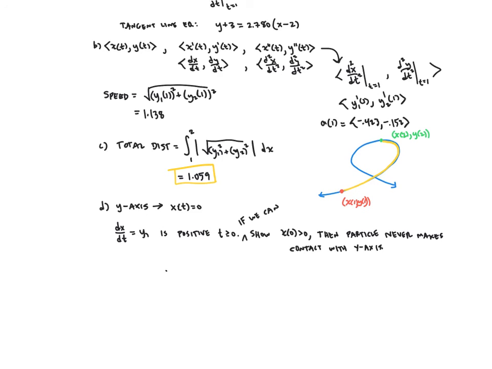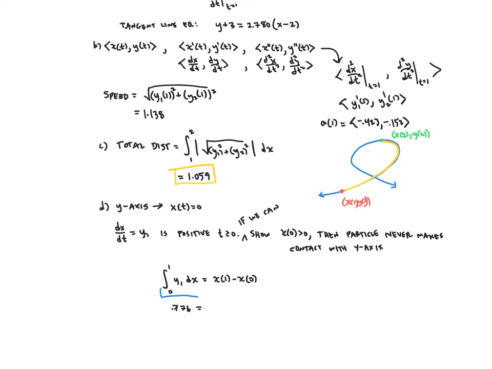So we could find x of 0, right, by taking the integral from 0 to 1 of dx dt. Dx dt is y1. What that would give us is, well, I guess in this notation, it would be x of 1 minus x of 0. Right, so the integral from 0 to 1, when we calculate that, comes out to be 0.776.